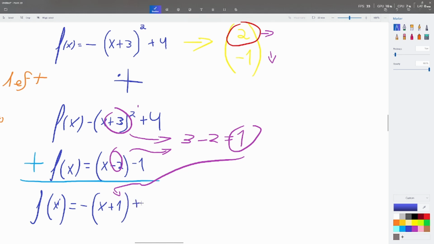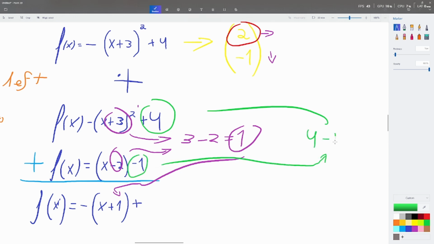And if you're wondering how you can get the b, you will take your b, which is 4 right here, and you will do 4 minus 1, and you will get 3. So your final answer will look something like this.